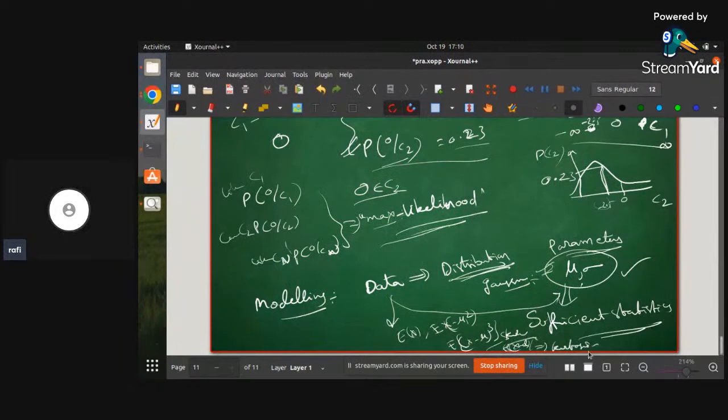All these skewness, kurtosis, and other higher order statistics are not required for a Gaussian distribution. If you are fitting the data to a Gaussian distribution, only first order and second order statistics are enough. That's why these are called sufficient statistics for the Gaussian distribution.